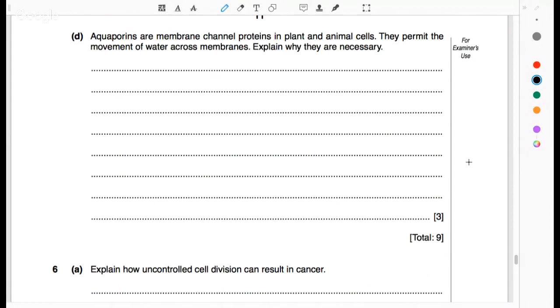This could be important for regulation of the water potential of the cell and surrounding environment.